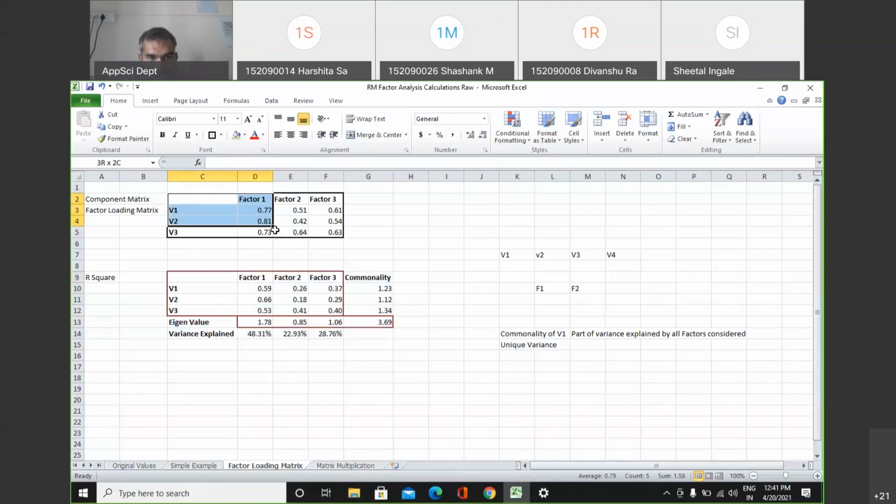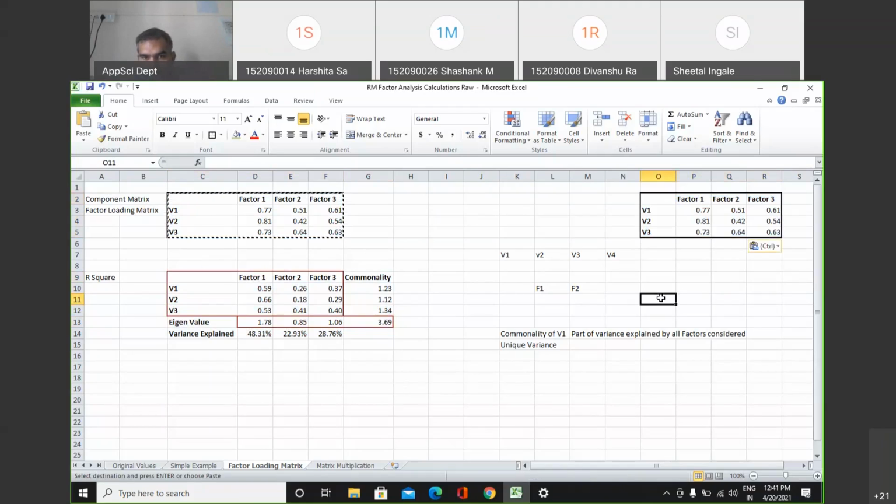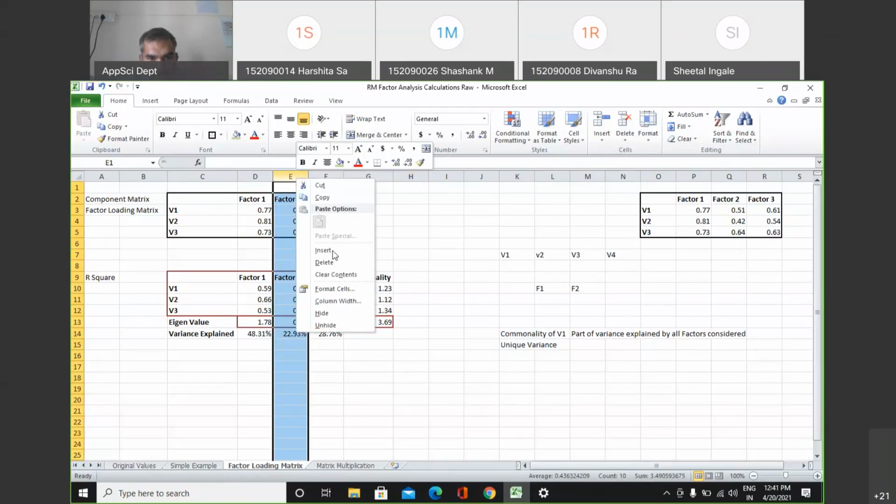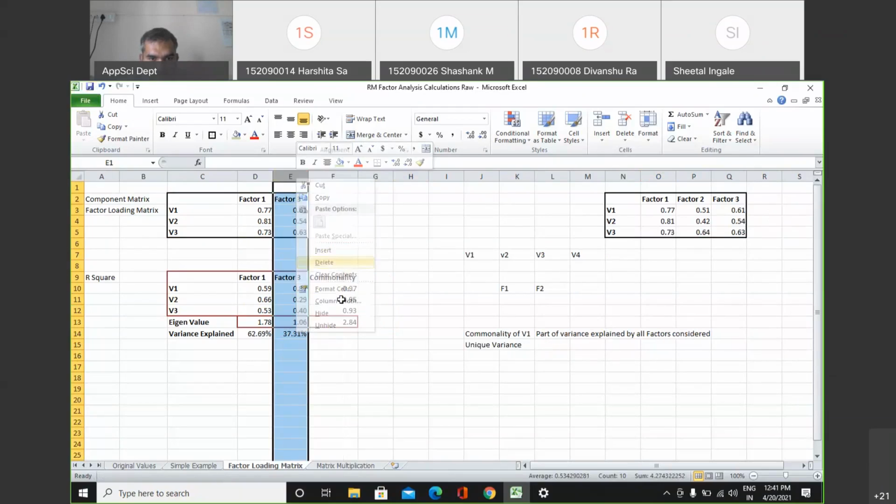Actually, I can keep this. No, I'll keep a copy of this at one safe place. Then we can do these things. So I can remove this too. Yes, it's not necessary.